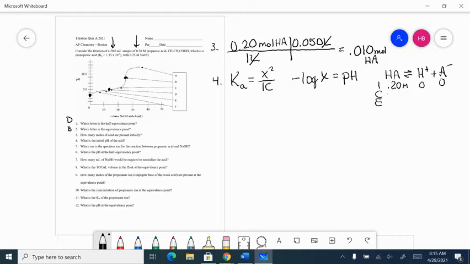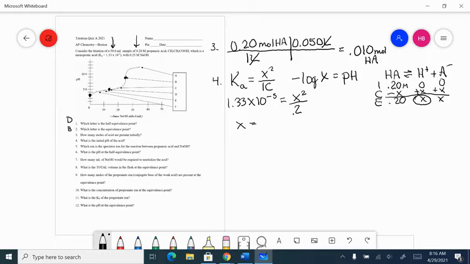These guys have 0. This is minus x. This is plus x. Remember that this x is so small that we're not going to worry about it. And that's the x squared over 0.2. And x is going to give us the concentration of H+. That's why the negative log of x gives us the pH. So Ka is given to us as 1.33 times 10 to the minus 5. And then we're going to solve for x. Initial concentration is 0.2.